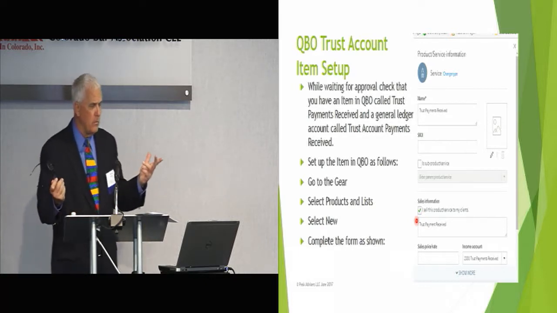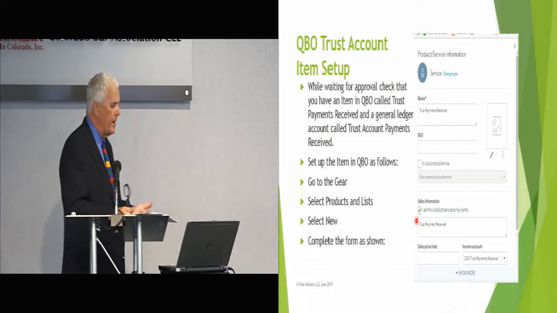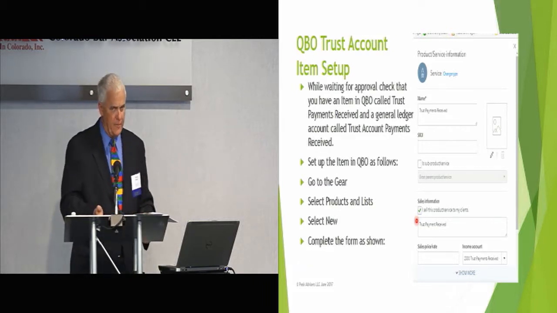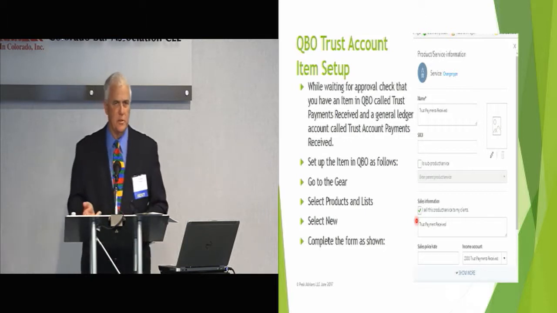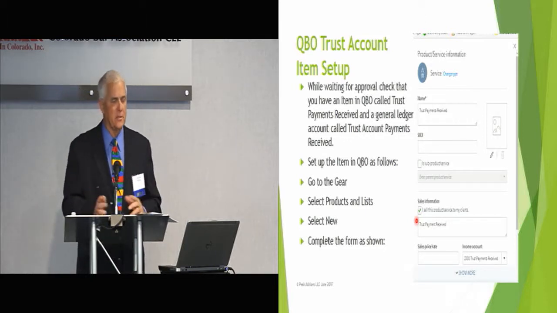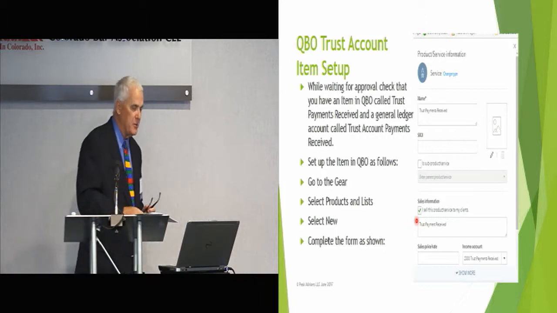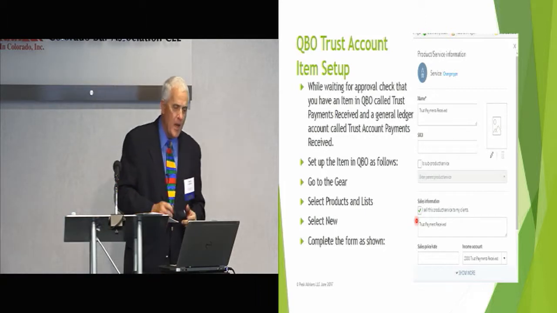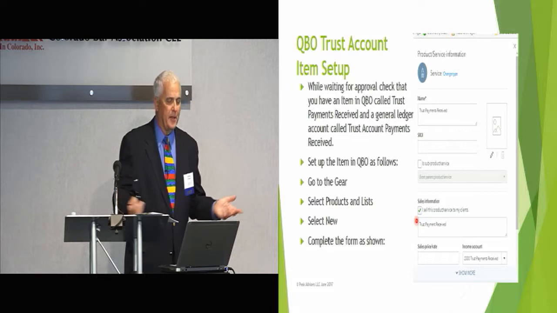Now, let's say we sent the approval in, and you're waiting for it. There's some bookkeeping that has to be done to make this work most efficiently. This is the stuff that's hard to communicate in a presentation like this, but let me walk you through it anyway. What we call it is a trust account item setup.